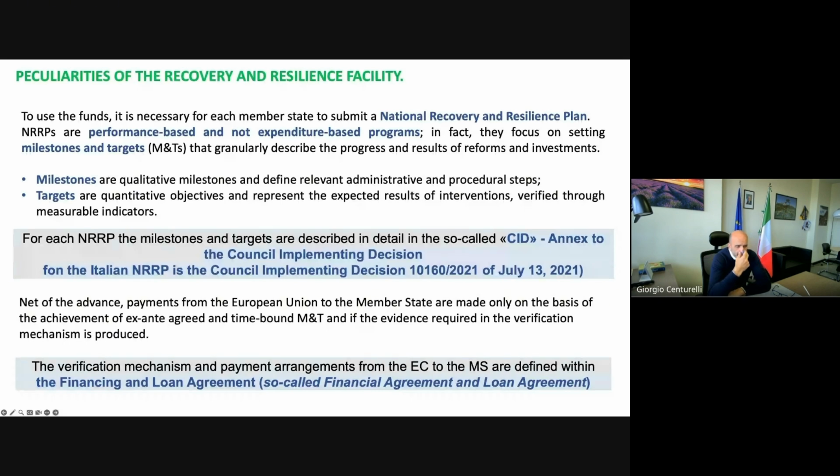In order to prove the correct achievement of milestones and targets, we have an additional document called the operational arrangement, which includes a mechanism to show, to prove, to confirm the correct implementation and achievement of targets and milestones.